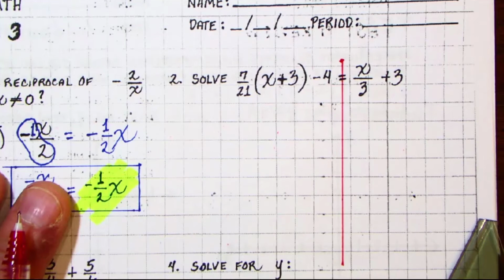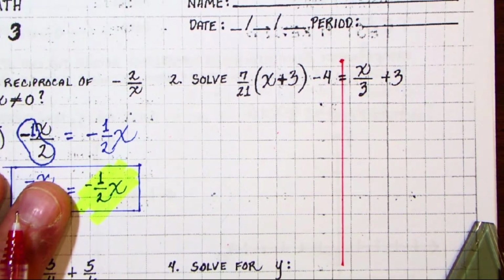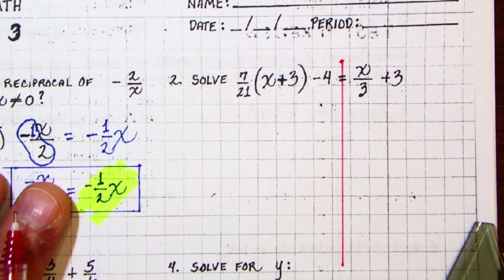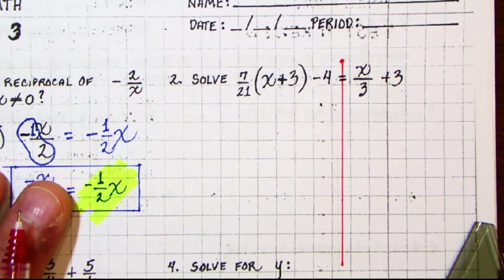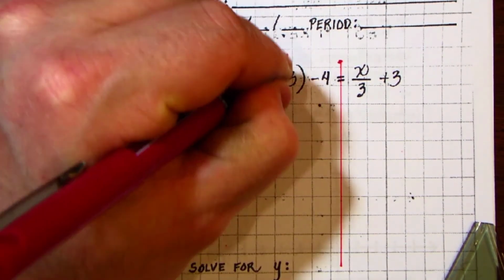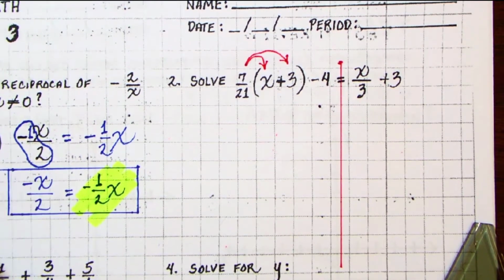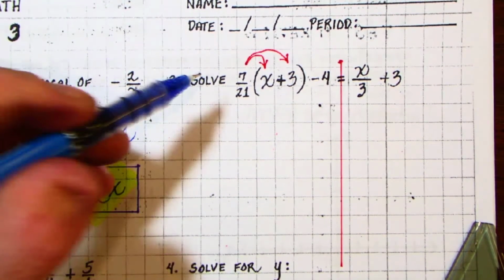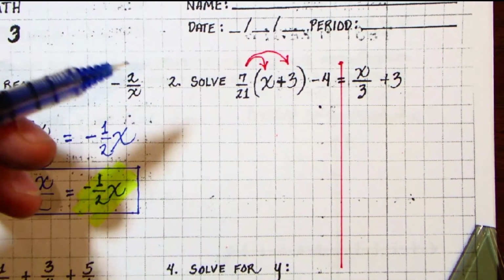That's our first step. Draw that vertical line. For some reason, it's like making your bed in the morning. So what should we do next? Distribute. We're going to distribute 7 over 21 to both terms. Well, 7 over 21 can be simplified.